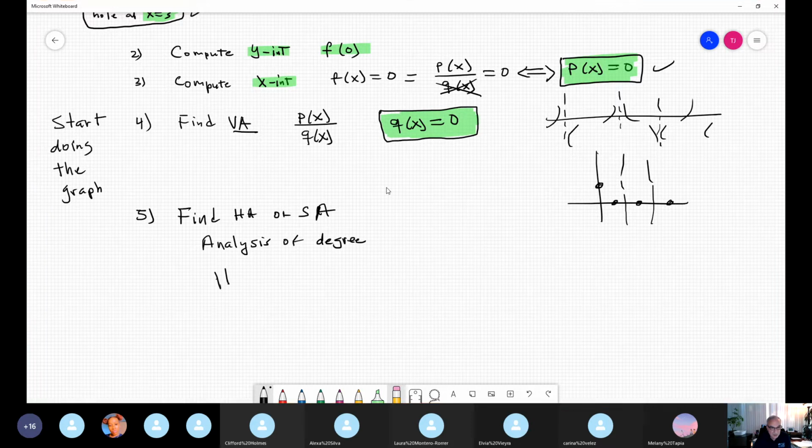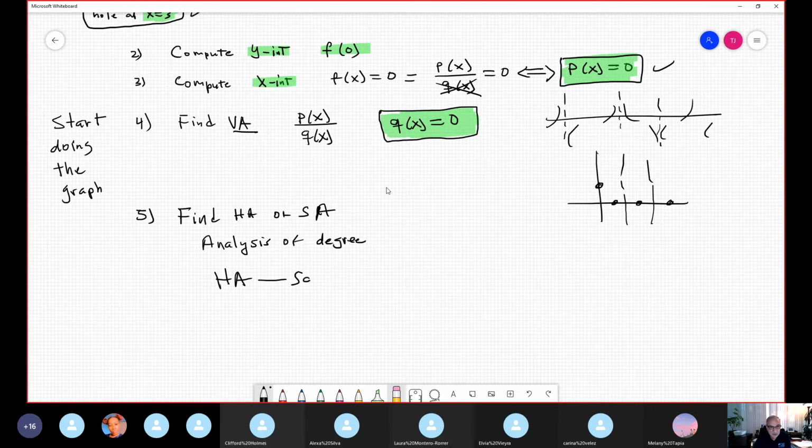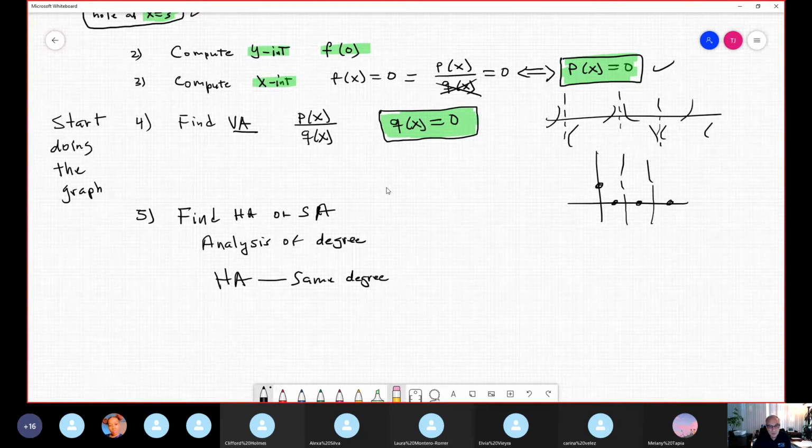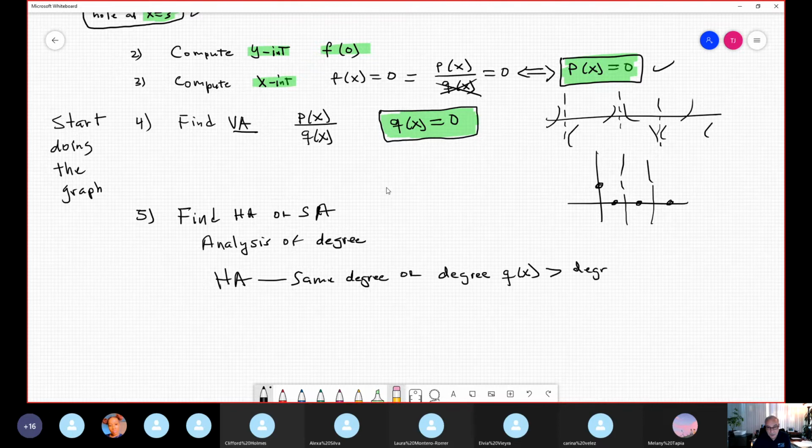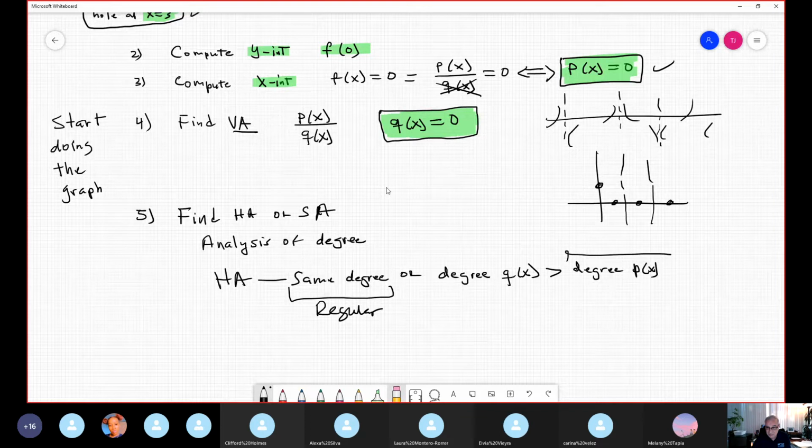So for horizontal there are 2 possibilities: same degree, or the degree of Q greater than the degree of P. This is regular, and this is special. You need to be aware of both.